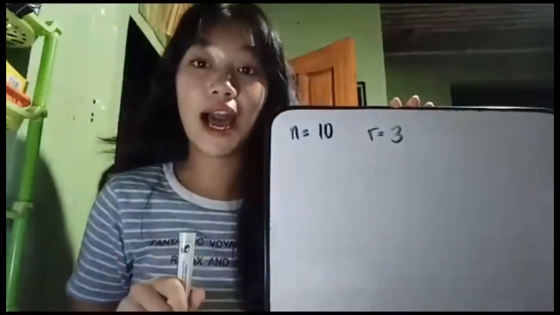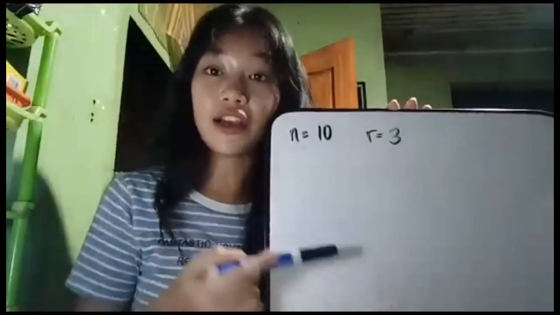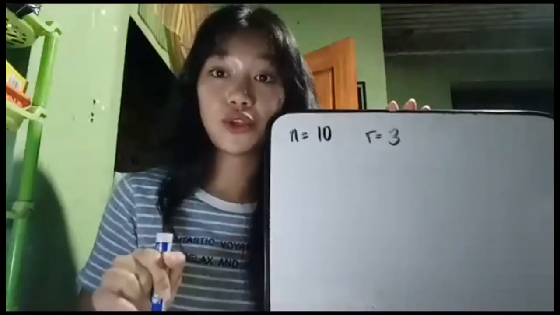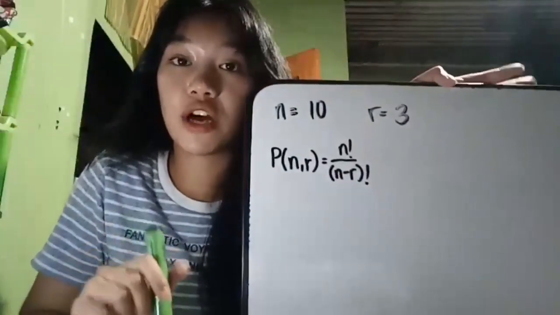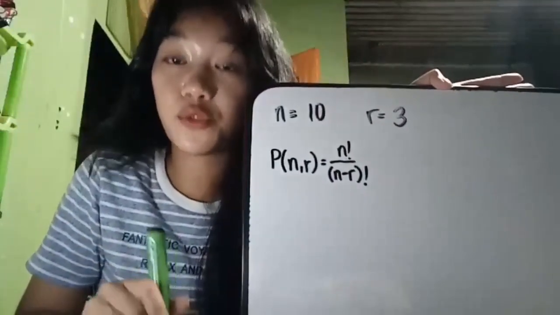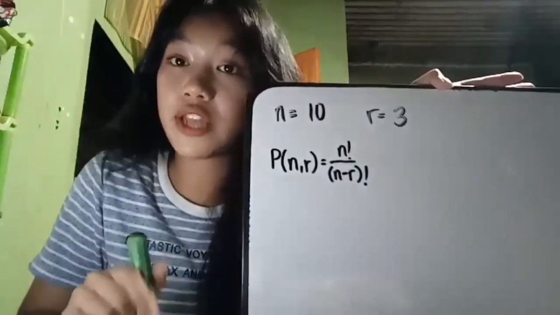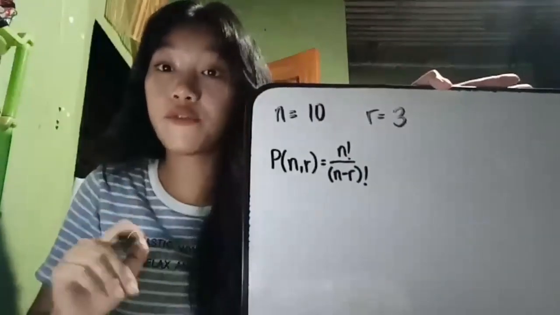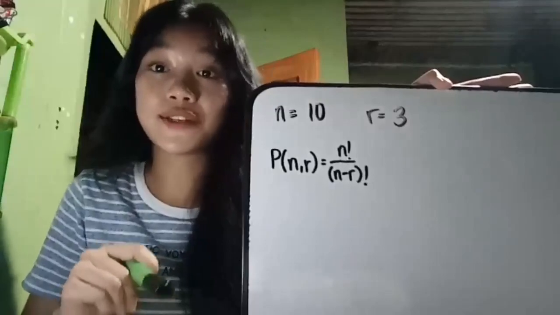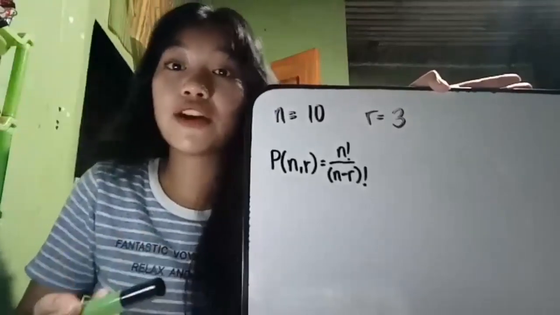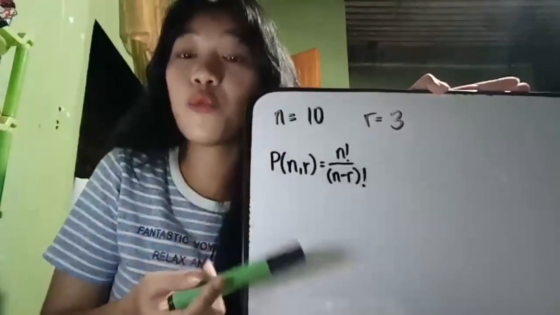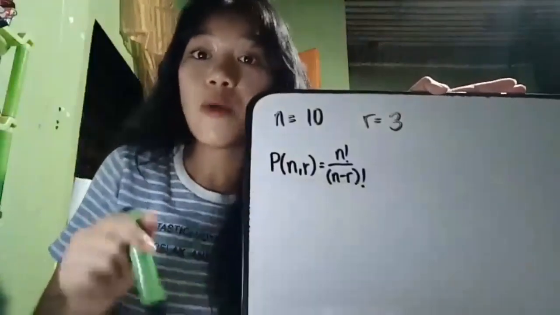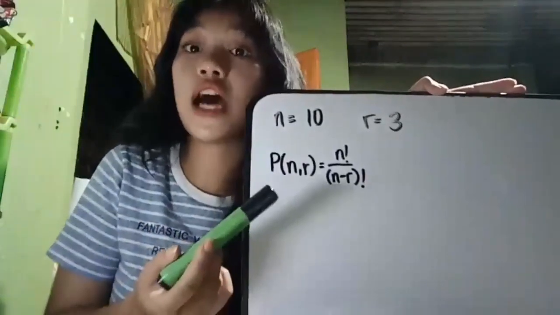So now that complete na ang ating n and ang ating r, pwede na natin isulat ang solution. Ngayon, gagamitin na natin yung ating usually used formula na permutation n and r is equal to n factorial over n minus r factorial. So dahil meron na tayong given na n and r, which is 10 and 3, pwede na natin siyang i-substitute dito sa ating formula.